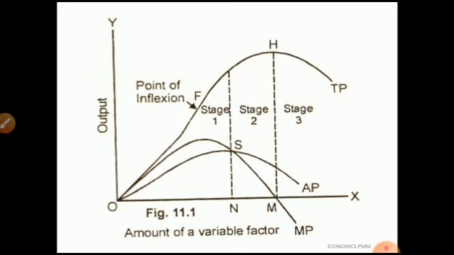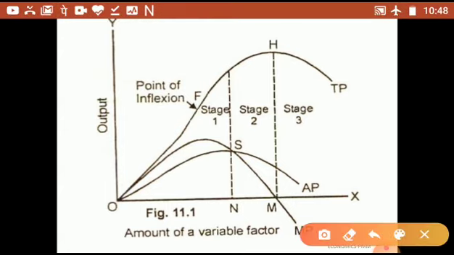In this diagram, on the y-axis we are measuring output, that is TP, AP and MP, and on the x-axis the amount of variable factors. So only the variable factor we have taken. You can see TP goes on increasing.